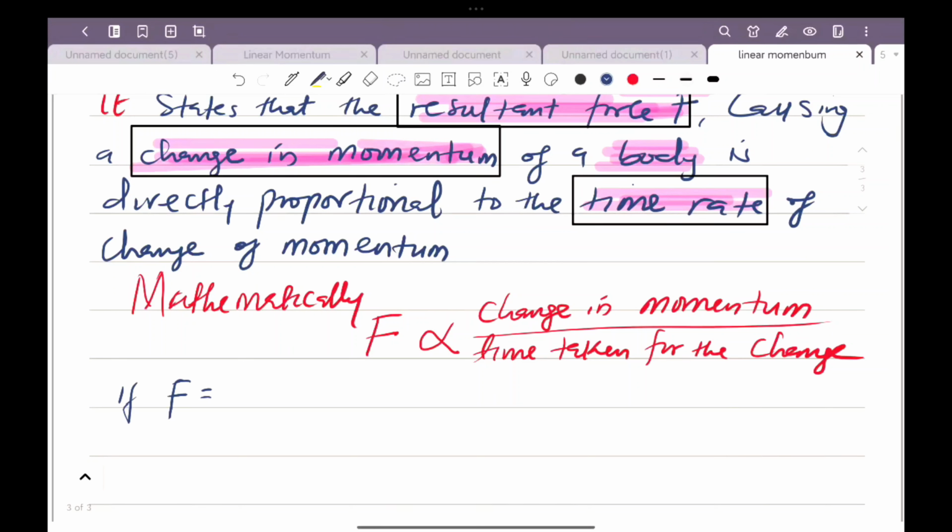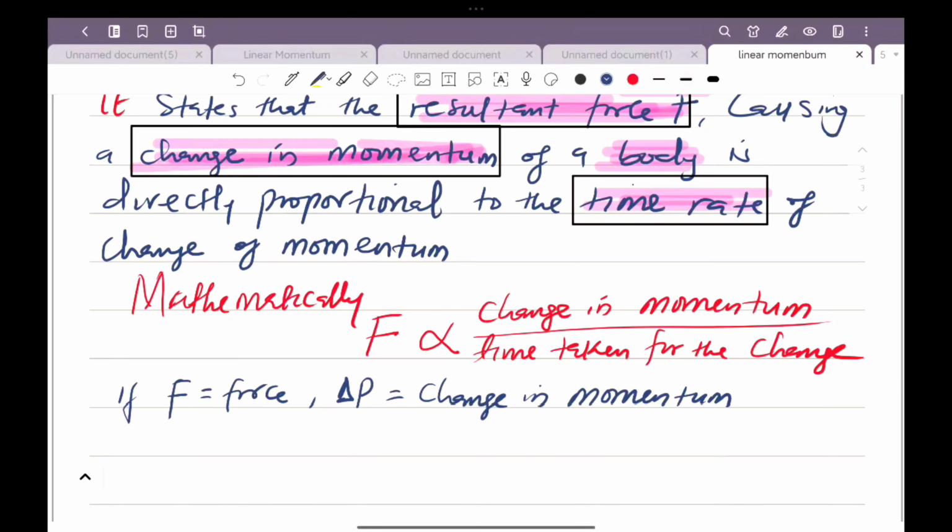If we say that F is equal to force, and the change in momentum is equal to delta P. Remember that we've treated this earlier. If you refer back to this, delta P is change in momentum. Is that clear?